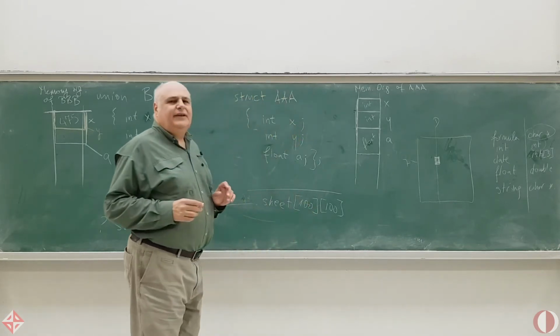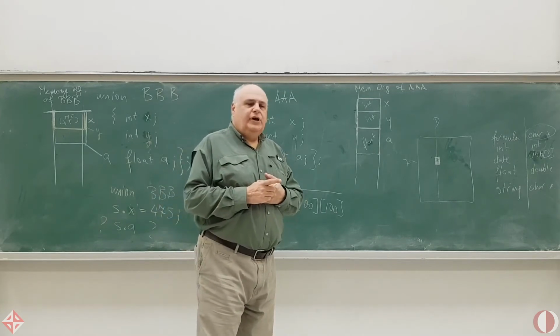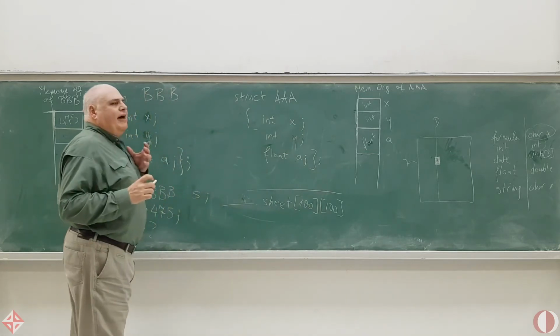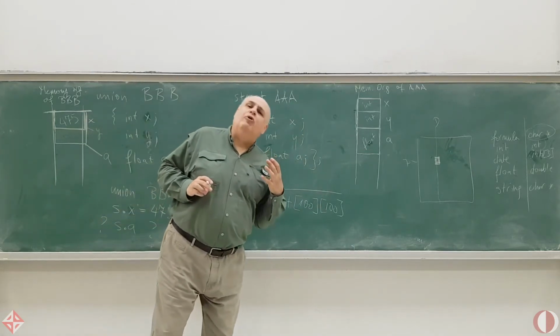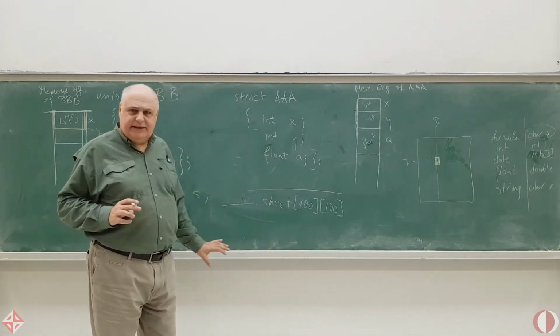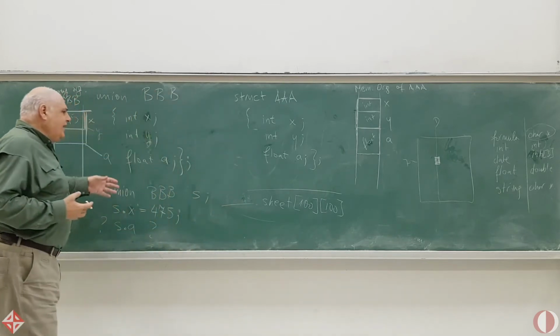Union does it for you. The purpose is this. You want to say, I am not sure at the moment of compilation what I'm going to store in there. It can be one of many.